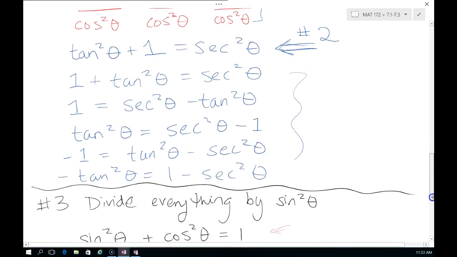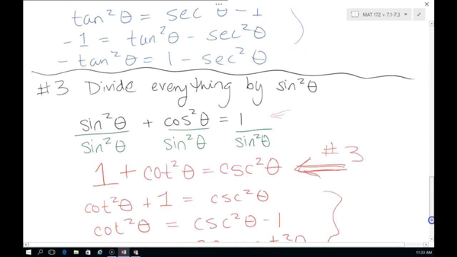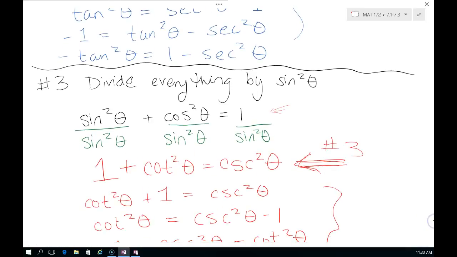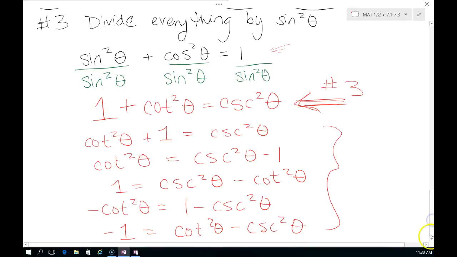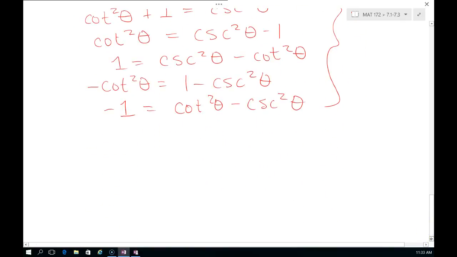And then if we divide through by sine squared, we get one that involves cotangent, cosecant. So those are our Pythagorean identities. And these are really important. These come back over and over again in other classes. And if you're going to take any calculus courses, you will see these again.